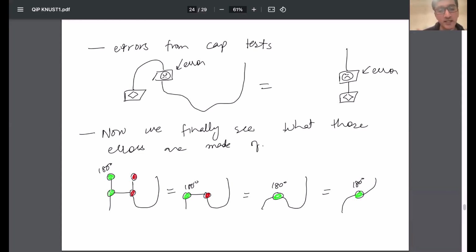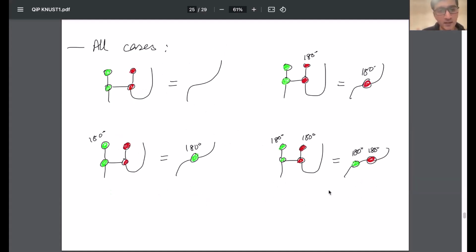So there has to be some error correction, and that error correction has to be done by Blaise. So here are the four cases. If you have no error, we get just a plain wire. If you have an error in the red spider, then you have 180 degrees phase in the red spider. Likewise for the green. If you have errors in both spiders, then you get this situation.